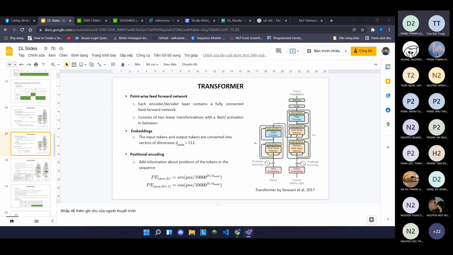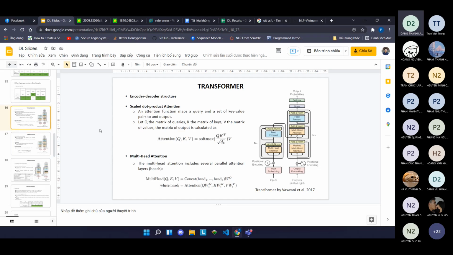And again, for the attention in the encoder on the previous slide, slide 16, could you elaborate a little bit about the QKV? What does that mean?